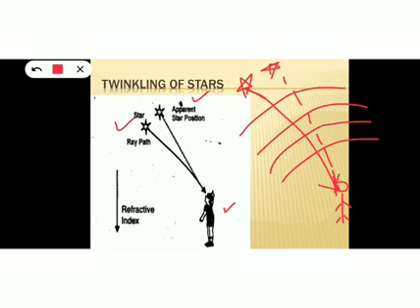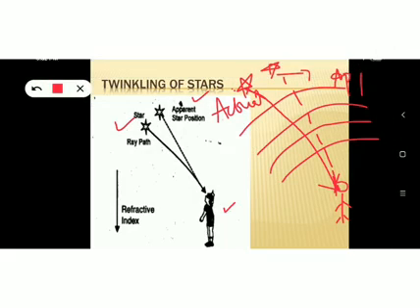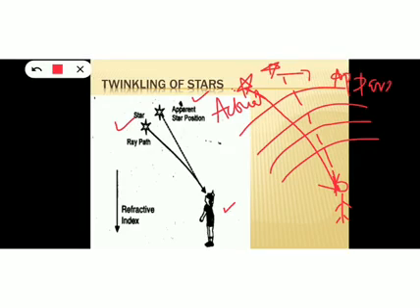According to this boy, the star appears here, even though this is the actual position of the star. So this is the actual position of the star, and this is the apparent position of the star. Apparent means we feel like that, it's not an actual position.